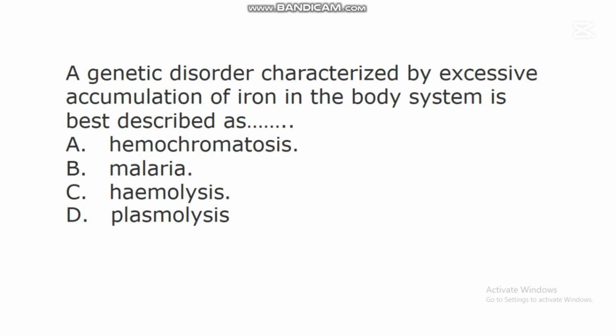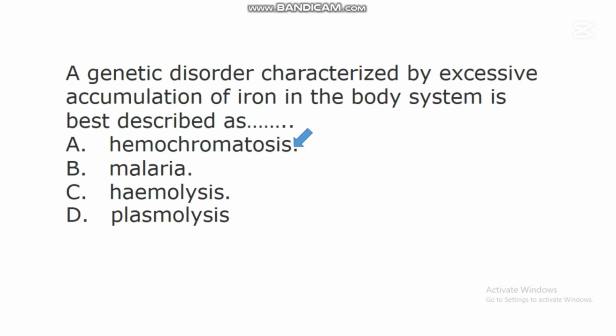The next question says, a genetic disorder characterized by excessive accumulation of iron in the body system is best described as dash. A. Hemochromatosis. B. Malaria. C. Hemolysis. D. Plasmolysis. In this question, the correct answer is A. Hemochromatosis.